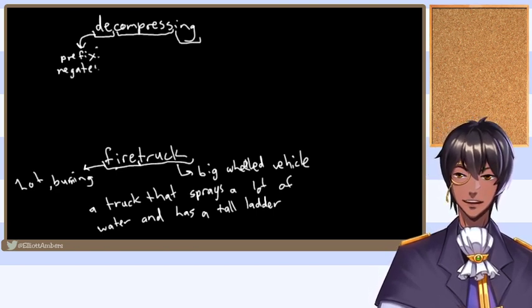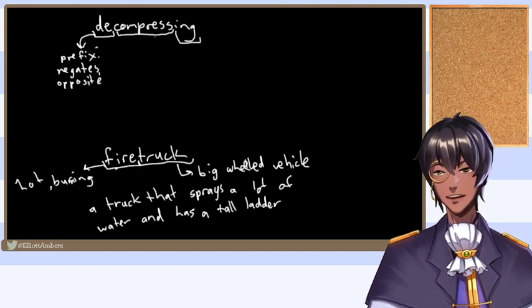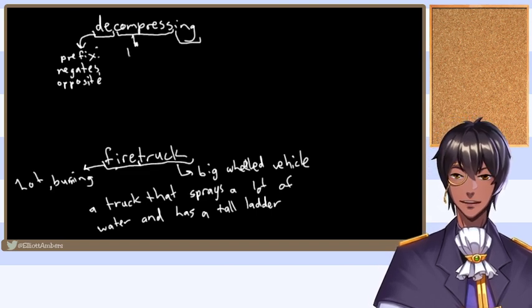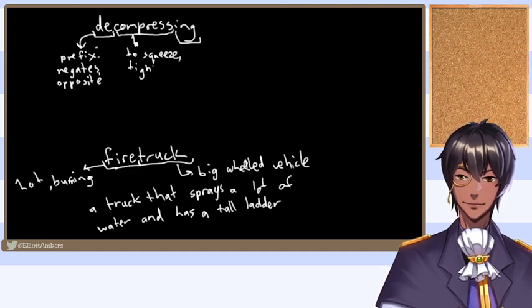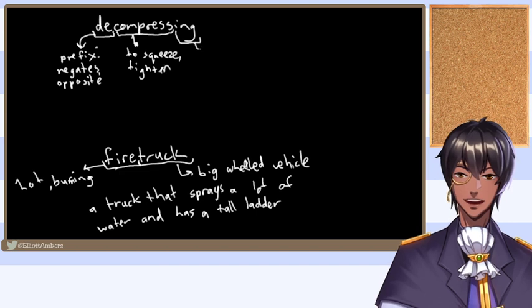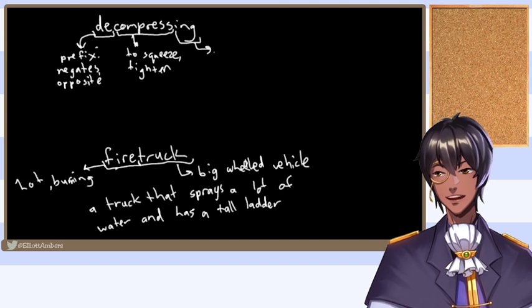Compress, to compress something, is obviously just to squeeze or tighten. And ing is a state of being. Suffix, it just tells us that it represents an action that is happening.